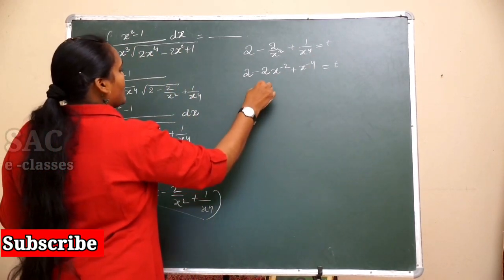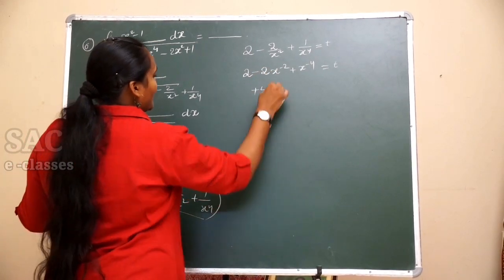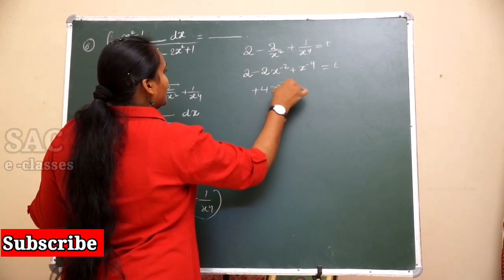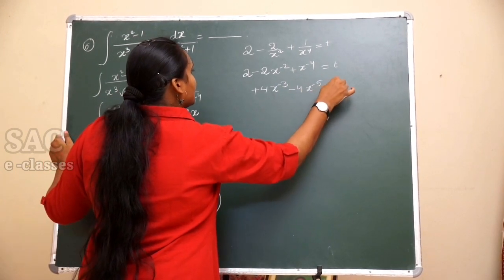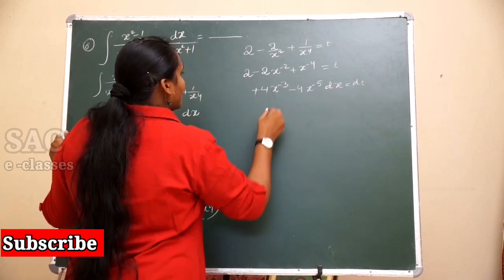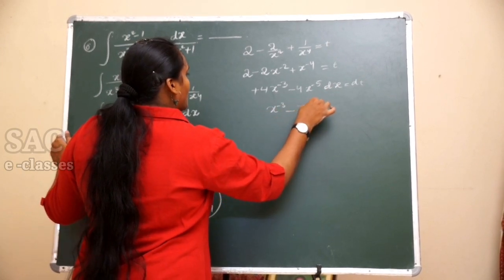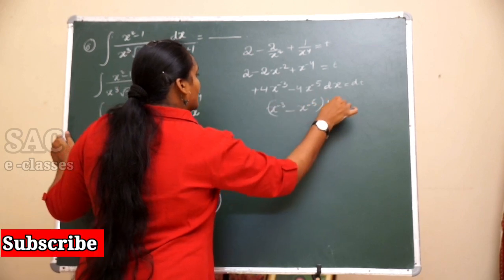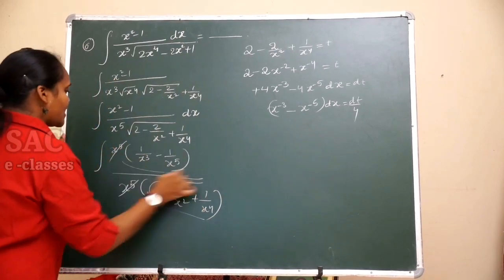Differentiate. Minus 2 into minus 2 is plus 4, x power minus 3, minus 4 into x power minus 5 dx is equal to, take out 4 as common, x power minus 3 by x power minus 5 dx is equal to dt by 4. Observe the numerator.